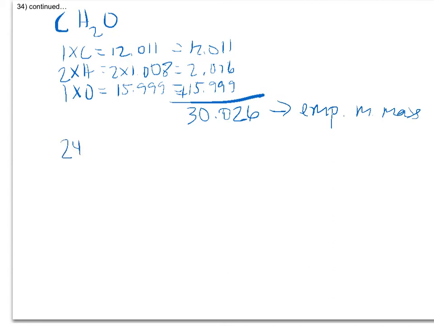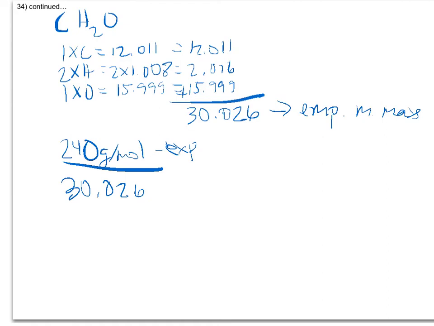So we have an experimental molar mass of 240 grams per mole, and we have this one of 30.026. And remember that the experimental is always on top, and the empirical that you find is always on bottom. So we take our 240 and we divide it by 30.026 to get a number close to a whole number.